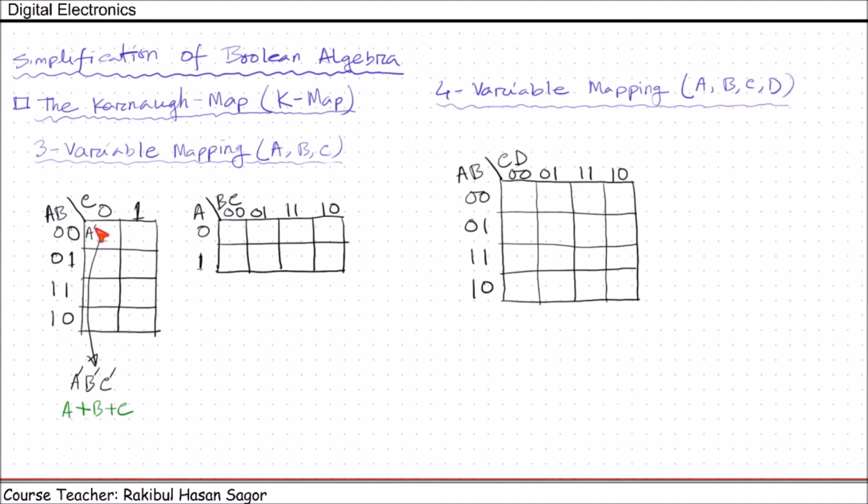So this is A prime, B prime, C prime, 0 0 0. This is A prime, B prime, C, which means 0 0 1.